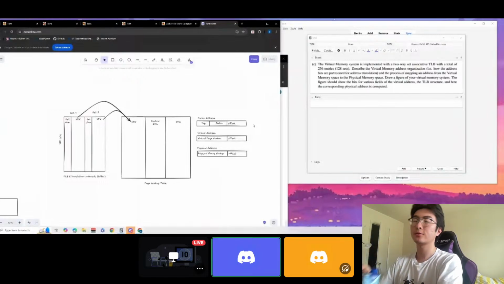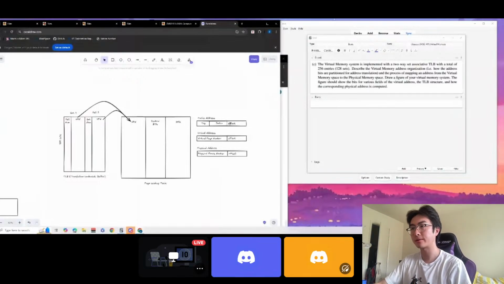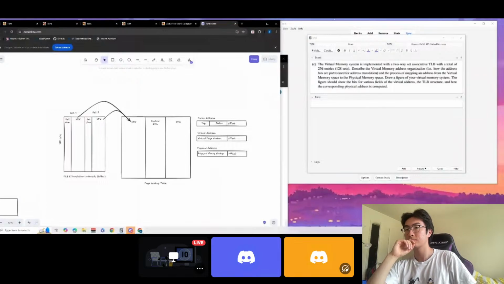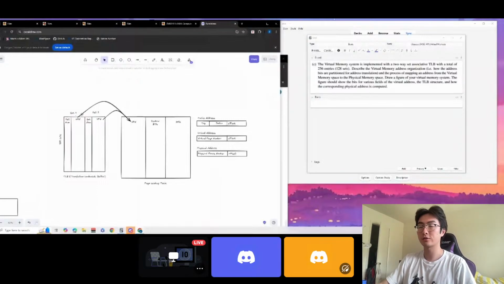Yeah, I don't know, because I have to think the offset here represents the block, but I don't know how big a block is in this case. Oh, well, okay. They actually give it to us. So there's 256 entries. So there's 256 blocks, right? And then there are two sets here, set 1, set 2.